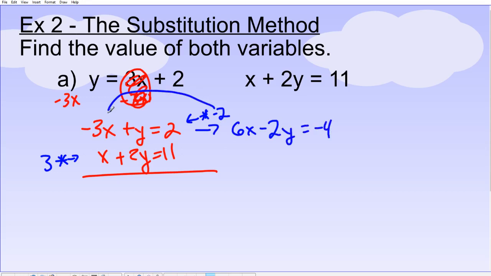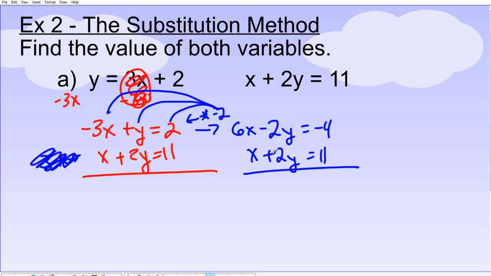That's negative 2 times negative 3 is positive 6. Negative 2 times 1y is negative 2y. Negative 2 times 2 is negative 4. Now, since I chose this method, I'm not going to multiply by 3. That equation needs to stay the same so that my y's will eliminate.